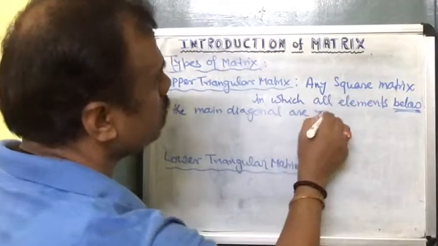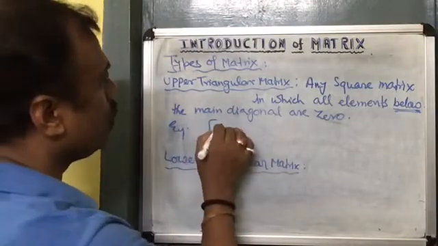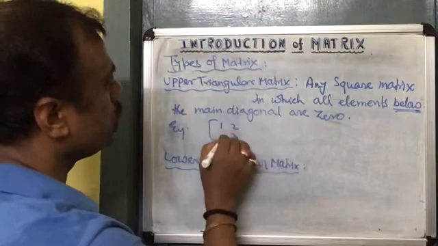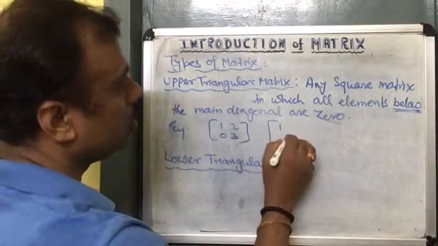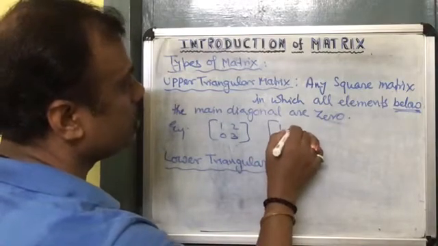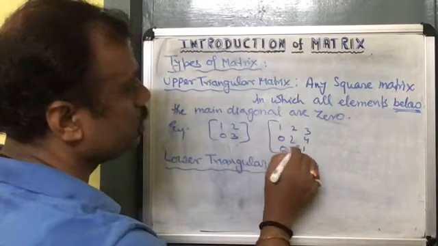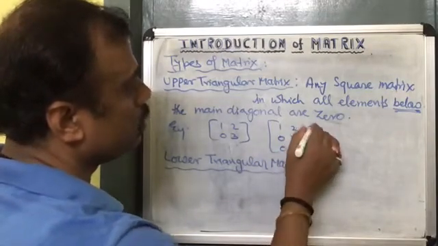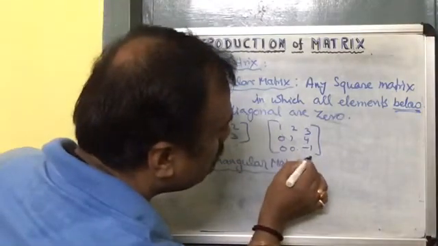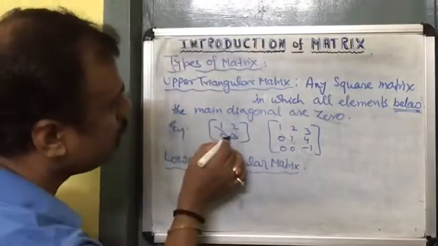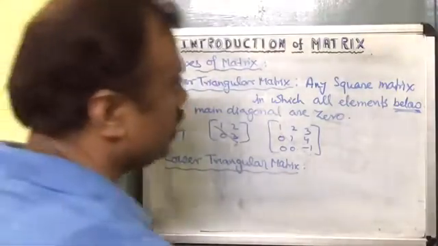For example, 1, 2, 3, 0, or we can take 1, 2, minus 1, 2, 3, 4, here 0, 0, 0. So you see, below the main diagonal all elements are 0.